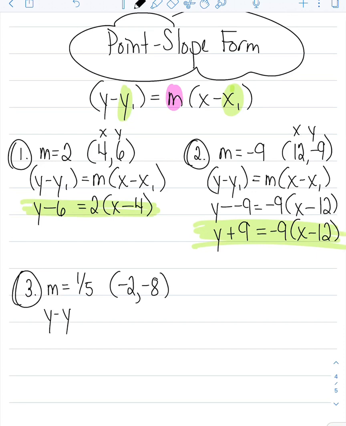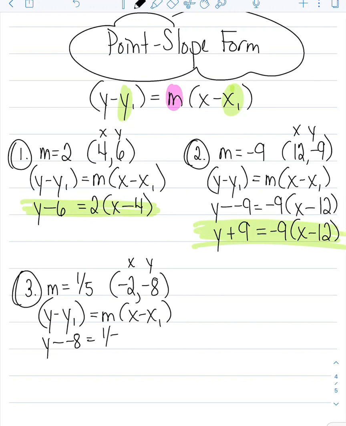So y minus y1 equals m times x minus x1. Now let's plug in our information. y minus, well, what is our y? -8. You can go ahead and just change that to a plus if you want to.